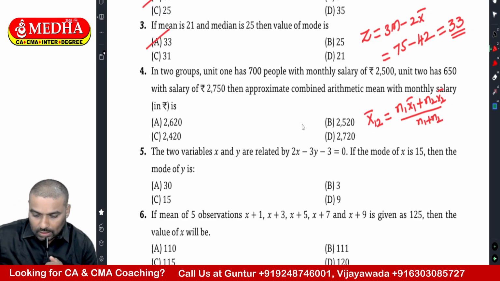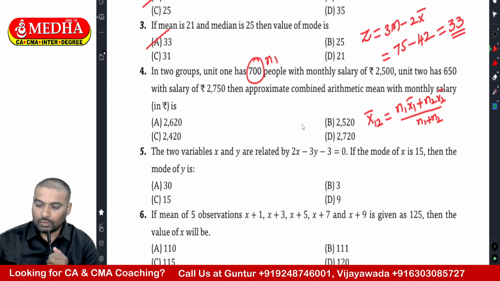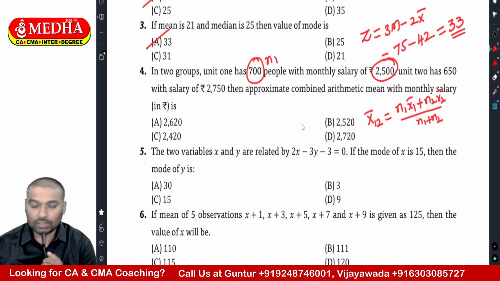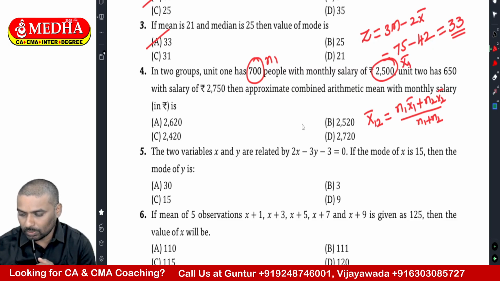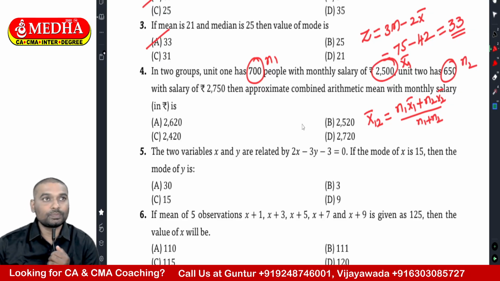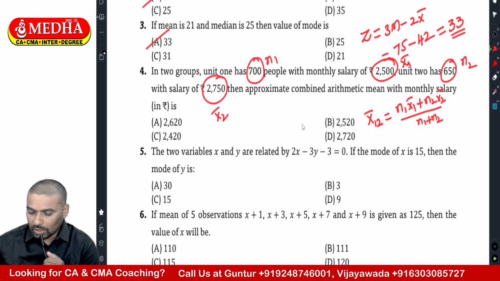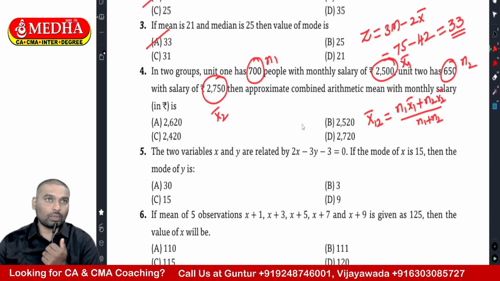So in two groups, unit 1 has 700 people, this is n1, with monthly salary 2500, this is x1 bar. And unit 2 has 650, that is n2, with salary 2750, this is x2 bar.